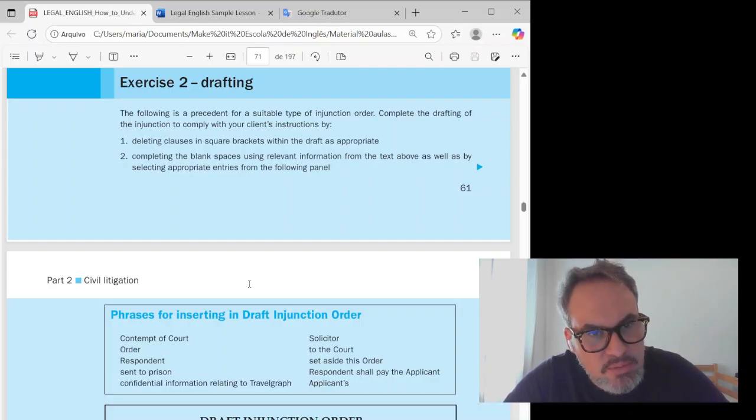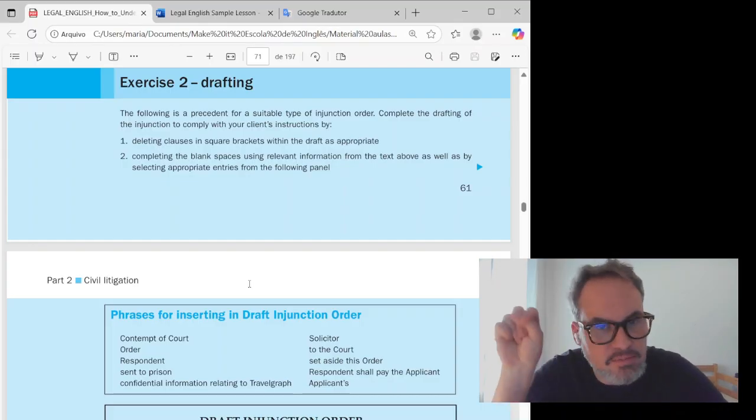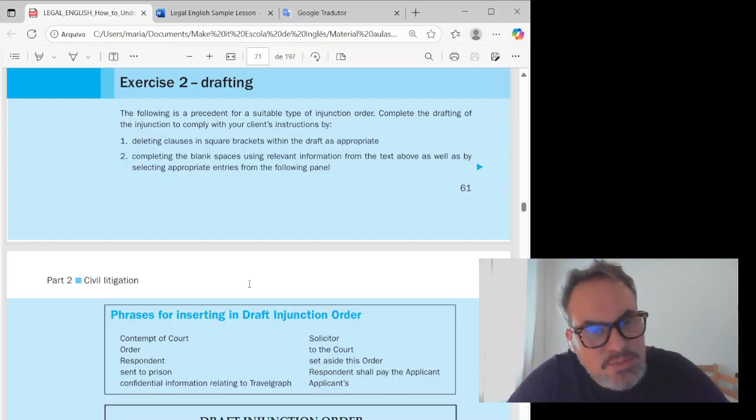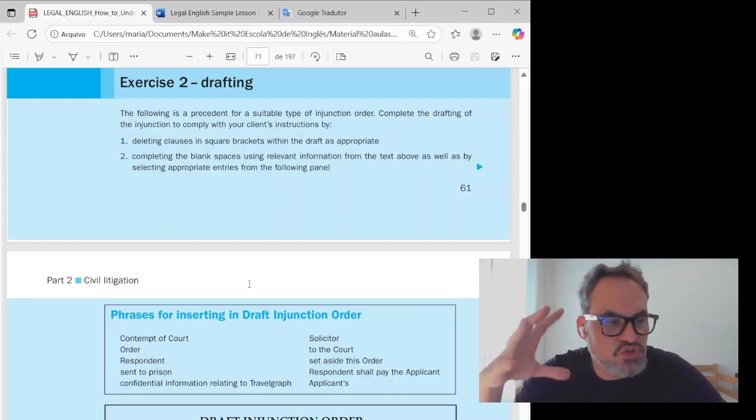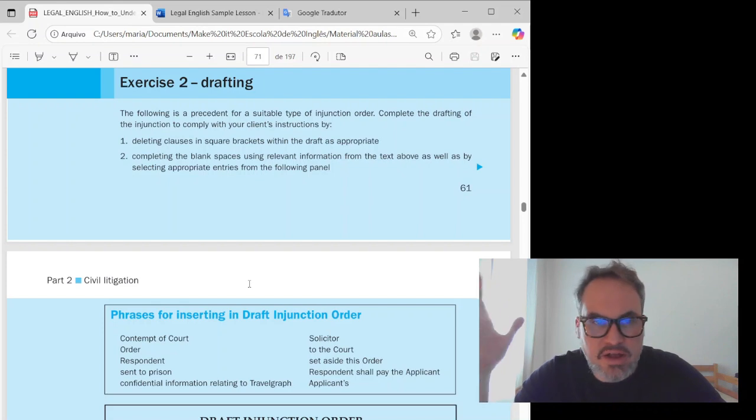Deleting clauses in square brackets within the draft as appropriate. So we're going to delete the brackets. Complete the blank spaces using relevant information from the text above, as well as by selecting appropriate entries from the following panel. So now we are going to make this exercise to draft an injunction order, right? In a practical way.